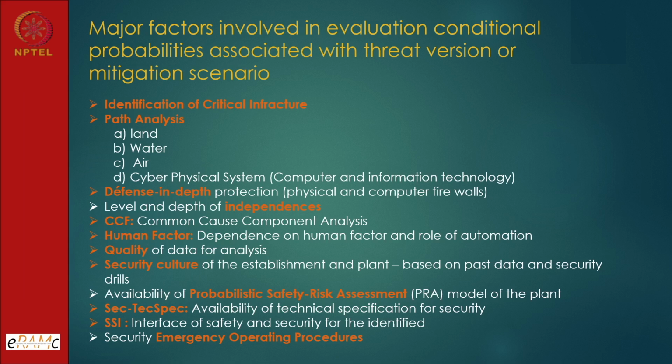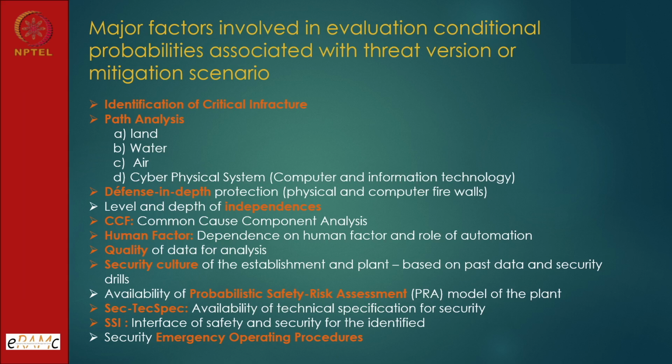Every organization should work out a checklist for ensuring that the evaluation of security culture is being done, and we have got feedback. If feedback is not there, then we should see why we are not getting feedback. Then availability of probabilistic risk assessment.